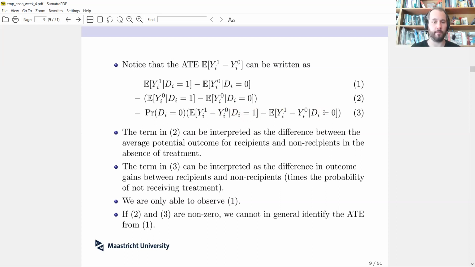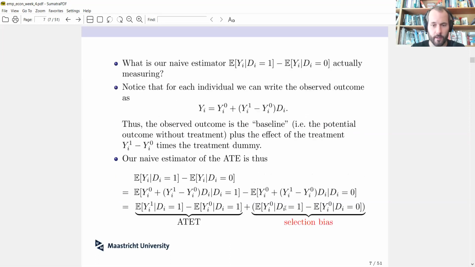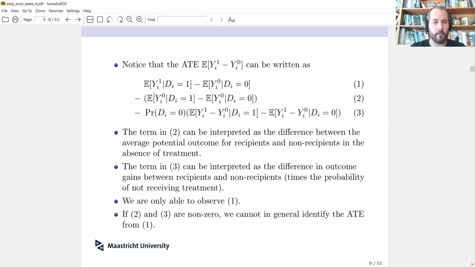So 2 and 3 cannot be observed, and they are some sort of selection bias. Again, we have the selection term, where we may have differences in the baseline outcome, in the baseline health status for instance, between the group that goes to the hospital and the group that stays out of the hospital.